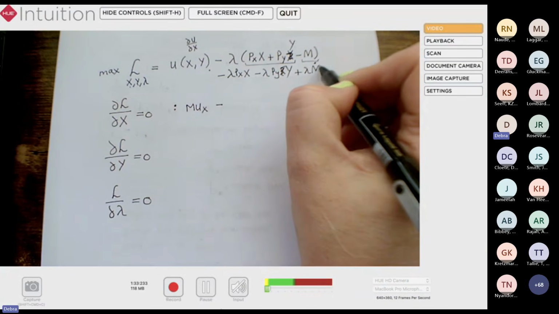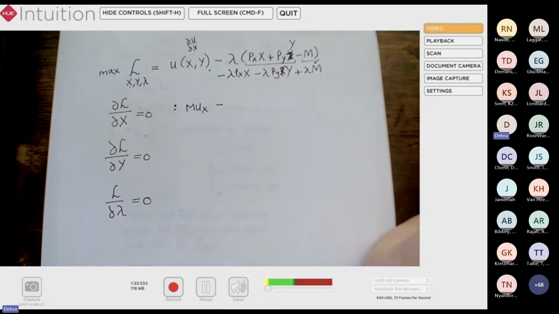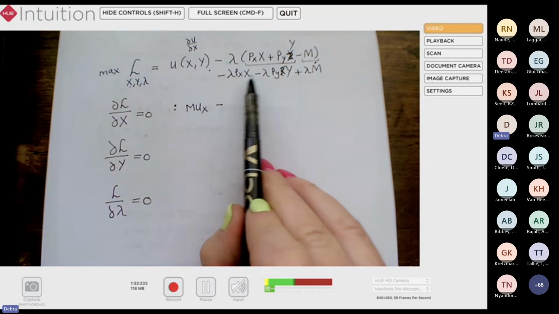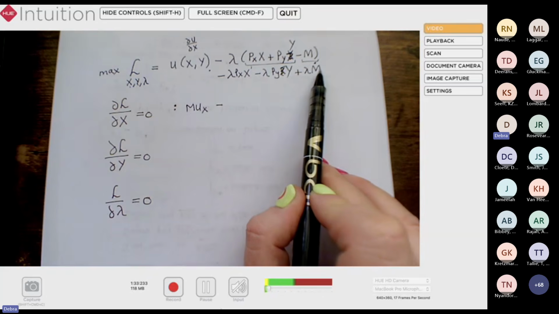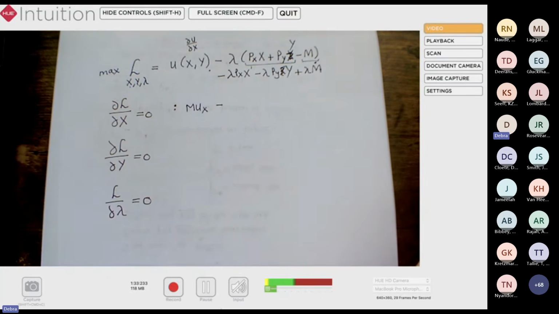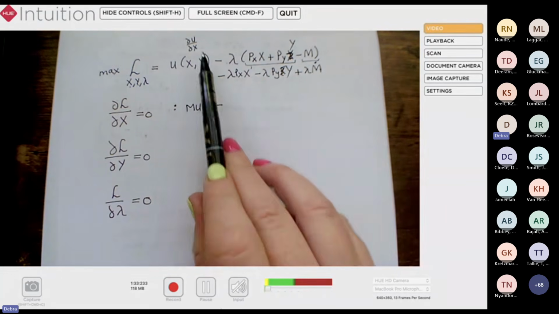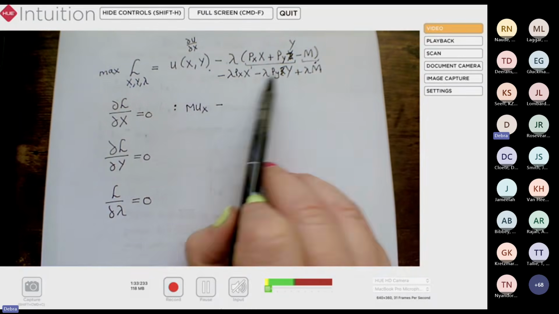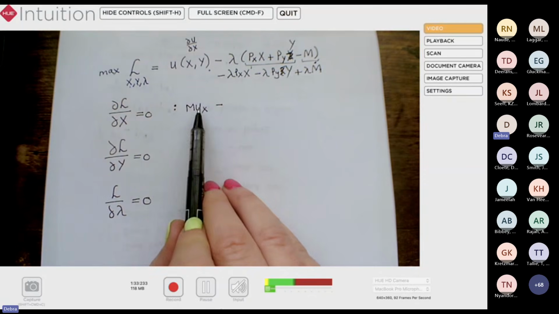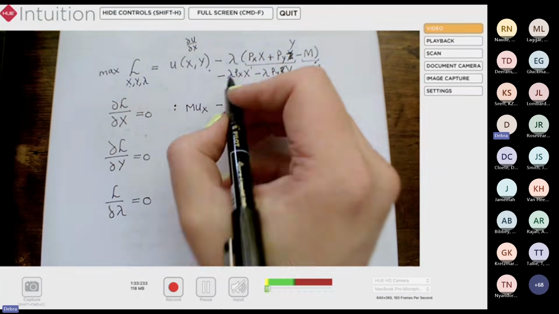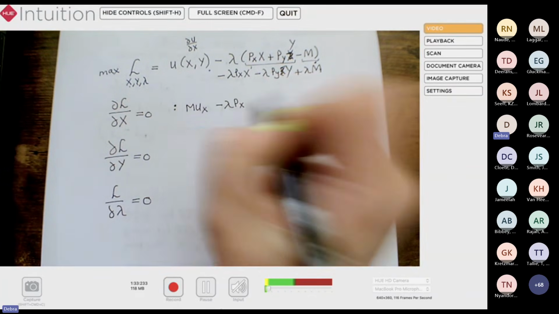Plus lambda m. So the only thing in here that has an x in it is this term here. So these are all constants when I am taking a derivative with respect to x. So I don't even have to look at these because they are constants. When I take the first derivative of constants, they become 0. So what I'm going to have is MUx minus lambda price x.